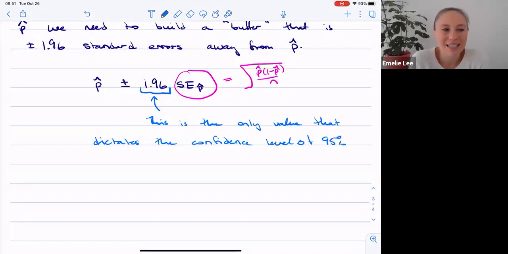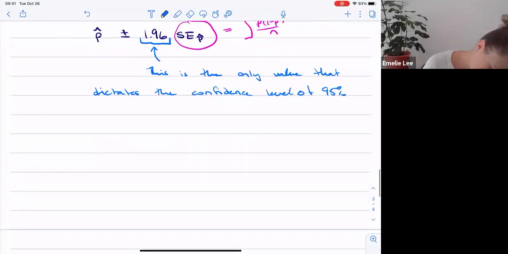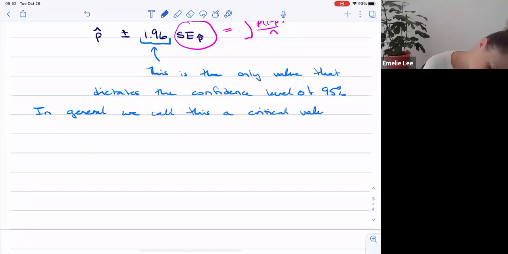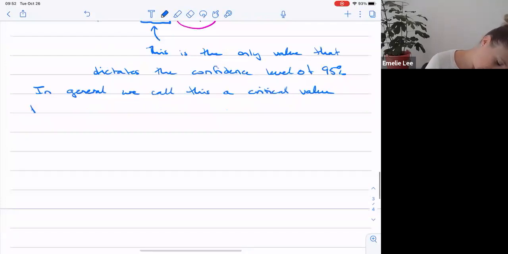Okay. In general, we call this the critical value. Okay? And we usually denote it by a Z star. So in general, we call this a critical value denoted by Z star.